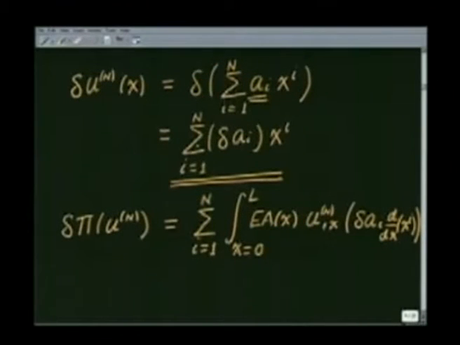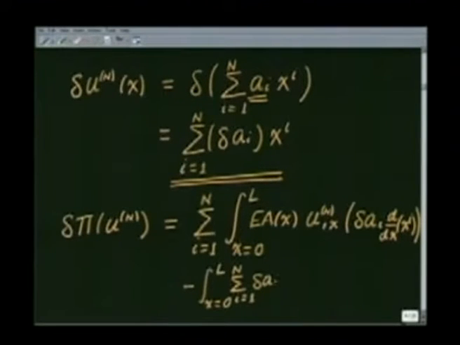So what we have done is substituted, instead of the variation of u_n in the expression, this summation. Then we also get minus integral x equal to 0 to L, summation. Now I have to take the summation out, anyway, I'll put it here.